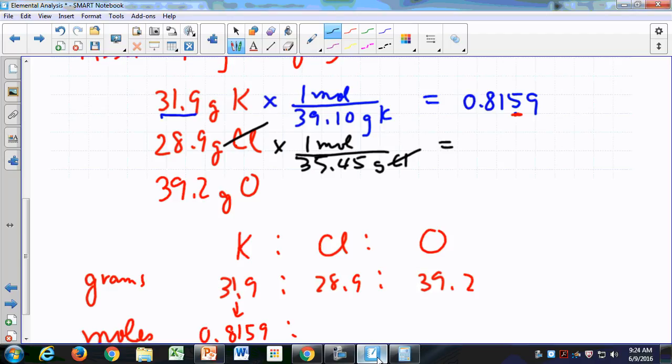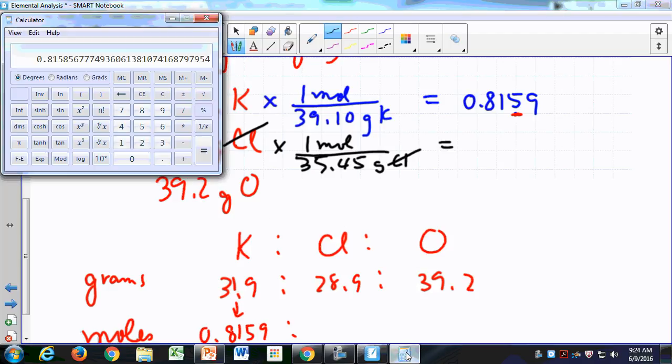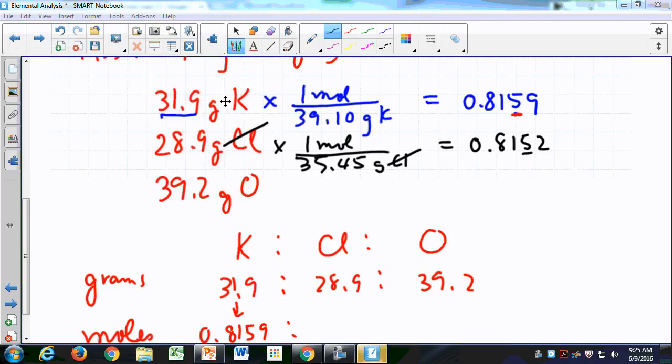That gives you 28.9 divided by 35.45, which is 0.8152. Again 3 significant figures, so the 5 there is my last significant digit: 1, 2, 3.